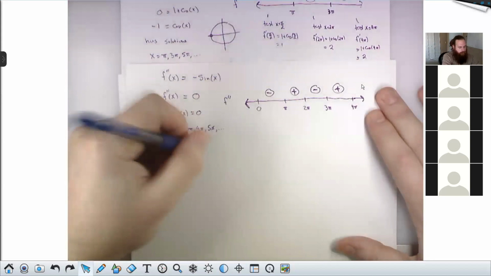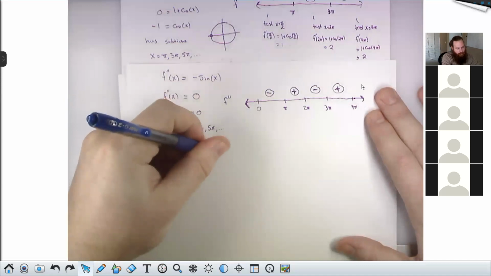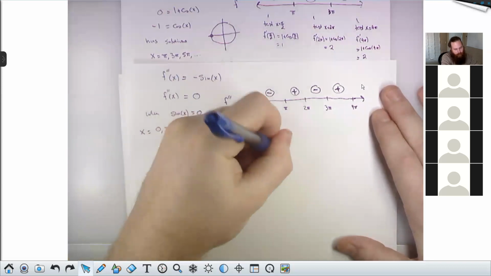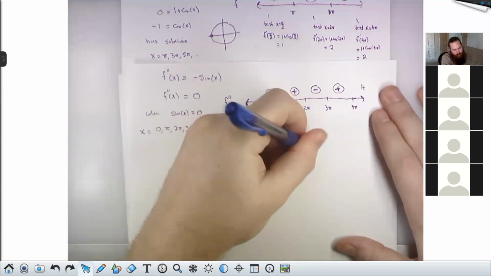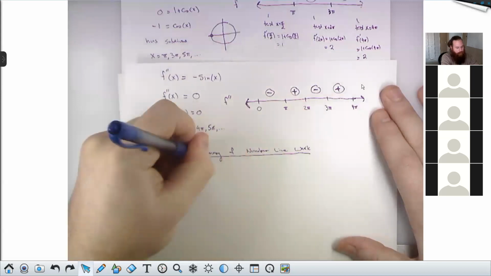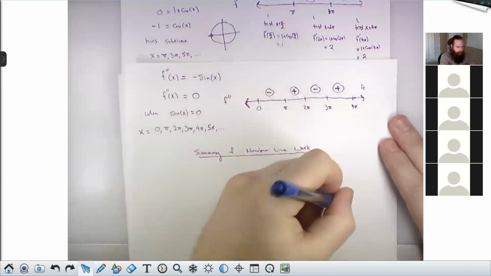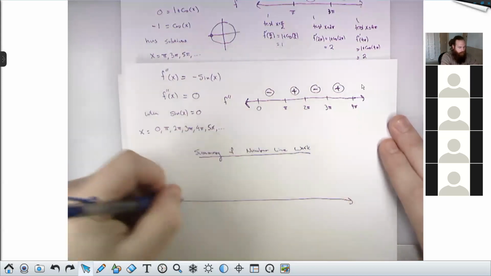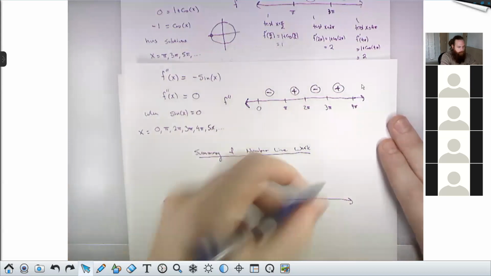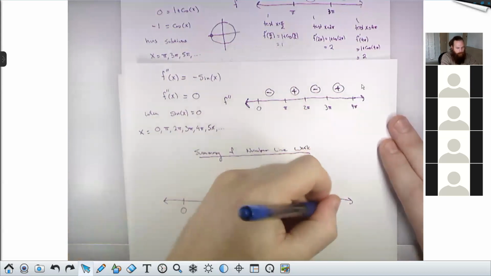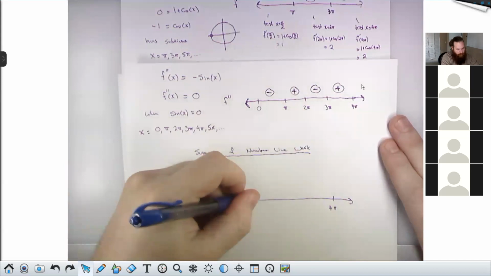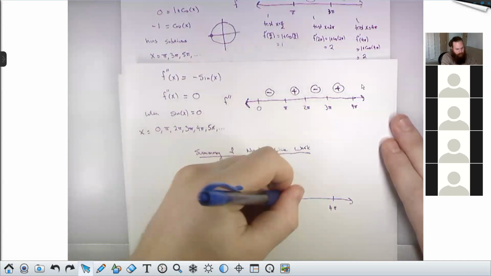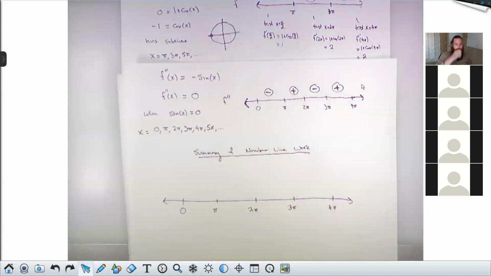So my summary of number line work looks like this. I'm going to focus my attention just on the interval 0 to 4 pi. So 2 pi is right in the middle, pi is here, 3 pi is here.